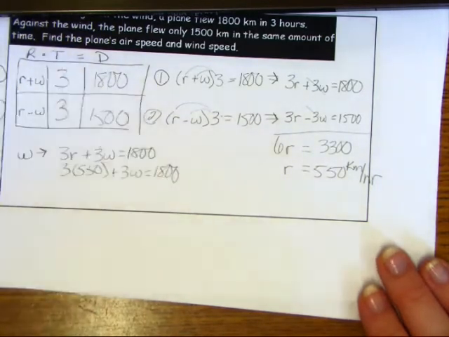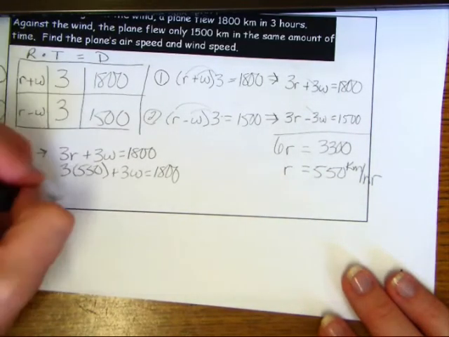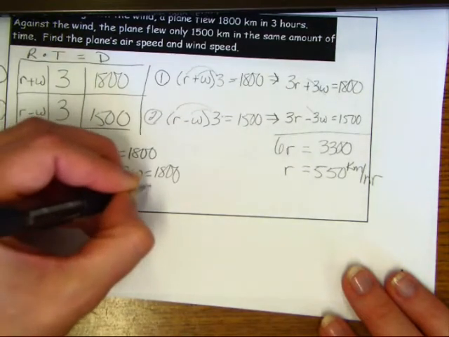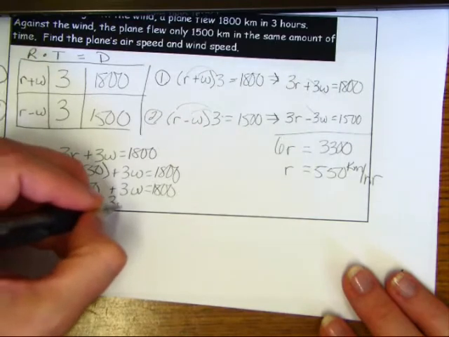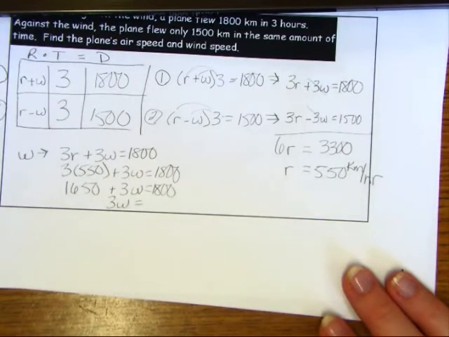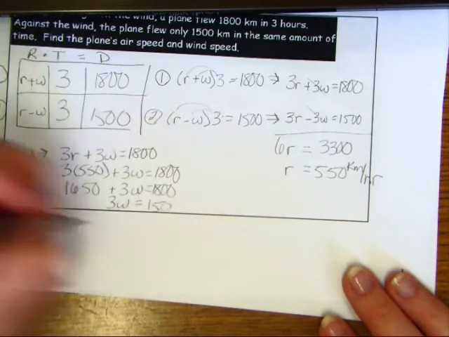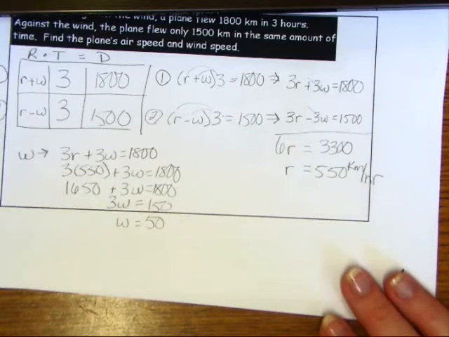We're just plugging in our answer. Well, 3 times 550 makes 1650 plus 3w equals 1800. And that would be 3w equals, when you take 1650 from both sides, 150. Divide by 3, and w is 50 total.